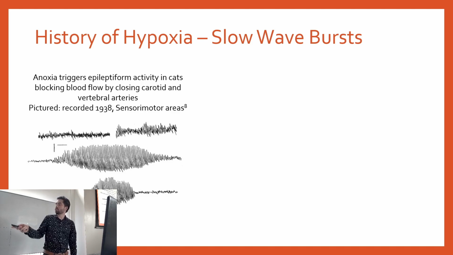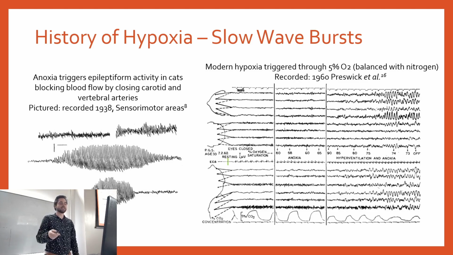But we started to see more epileptic activity coming in with this study where they used felines and closed their carotid and vertebral arteries, basically limiting all blood flow to the brain, causing anoxia, which is a form of hypoxia. And then later in the 60s, we were able to see these kind of bursting activities appear during oxygen being balanced with nitrogen, so much lower levels of breathing oxygen than what we're used to in our air today.